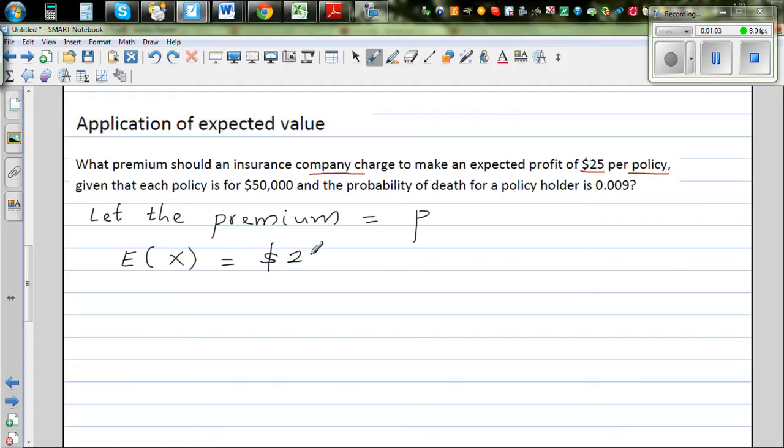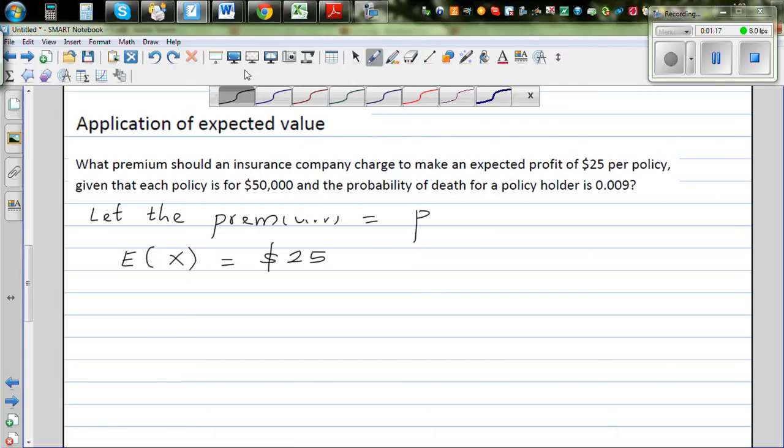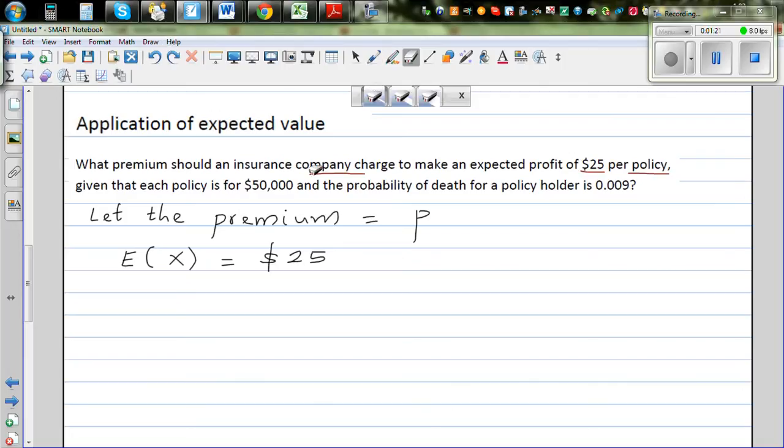So what does this mean? This means if a particular policy is sold to a huge number of people, they're expecting to gain $25 per policy.